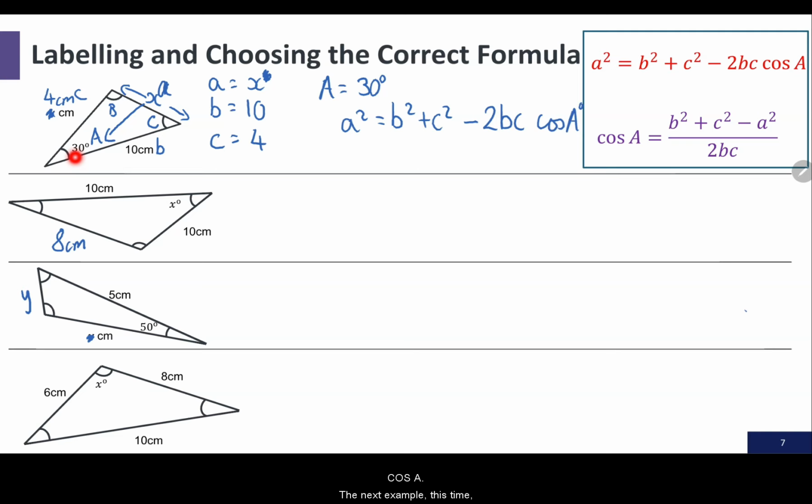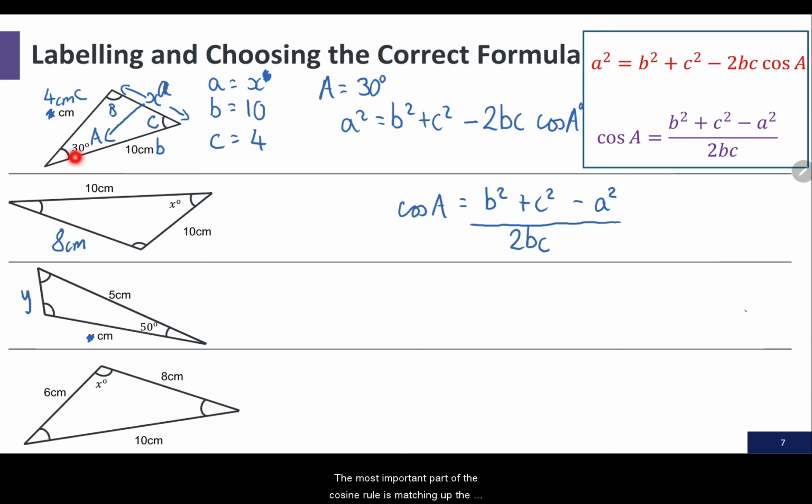Okay, the next example. This time I'm trying to find an angle and I'm given all three sides, so I need to be really careful when I label. The formula I'll be using is cos A equals b squared plus c squared minus a squared, divided by 2bc.